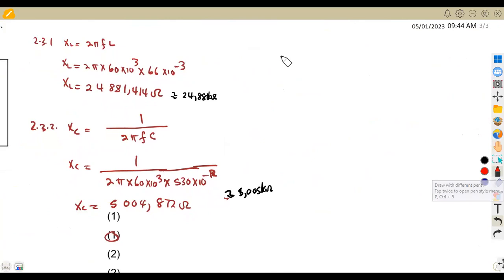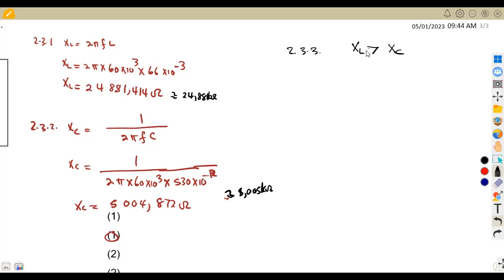The formula is formulated from the two that you have. You compare which one is bigger, the XL or the XC. XL is 24,000 and 5,000 for XC. So you can see that XL in this case is greater than XC.